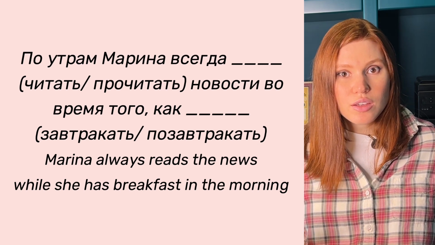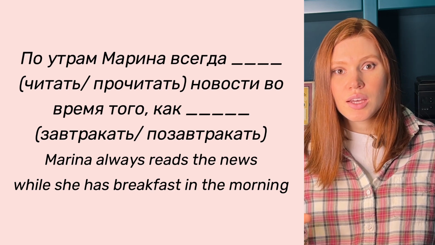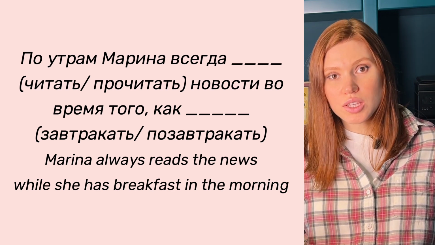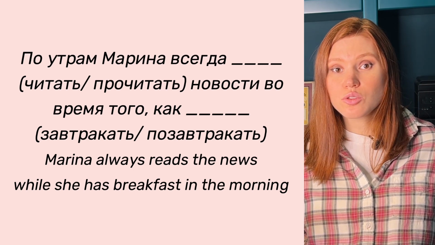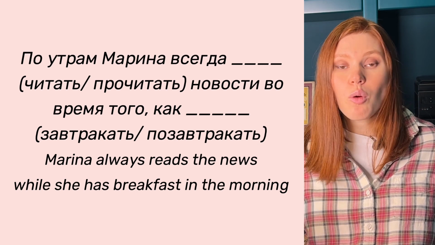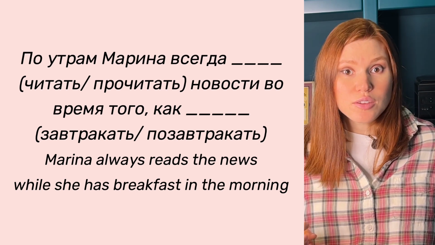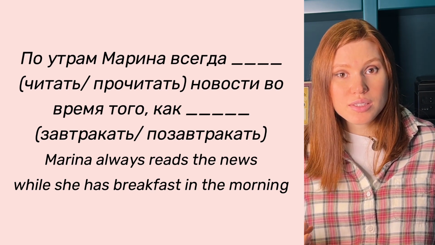So here you need to use in the first part of the sentence the verb читать or прочитать. And in the second part of this sentence you need to use завтракать or позавтракать. Marina always reads the news while she has breakfast in the morning.